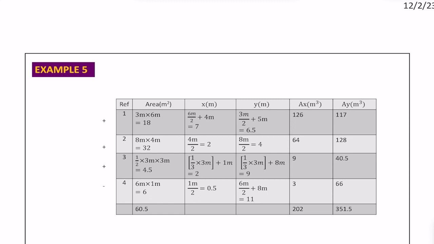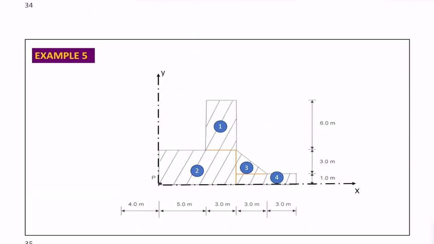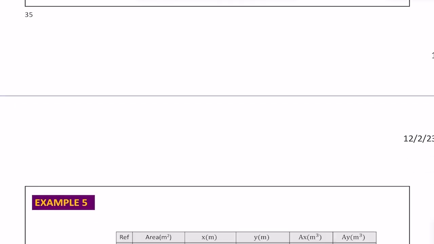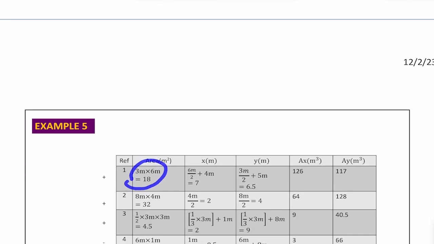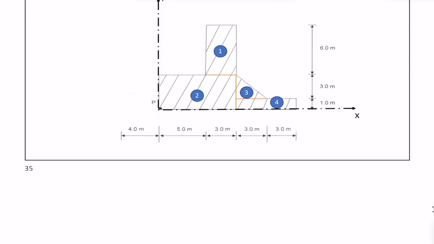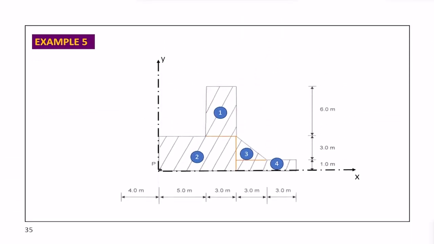First, we're going to calculate the area for section 1. Section 1, the area will be 3 meter width and the height will be 6 meter. This is a rectangle, therefore 3 meter times 6 meter. And the distance from the x-axis.